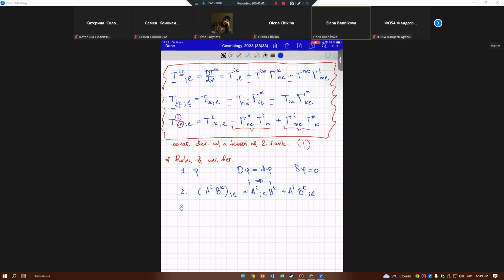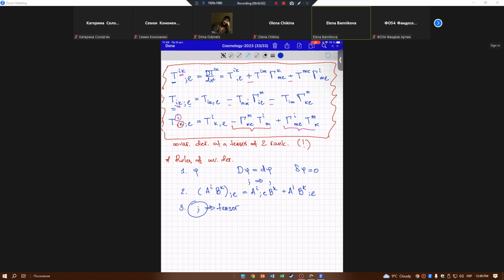So the covariant derivation is a tensor applied to the tensor, creating also a tensor.